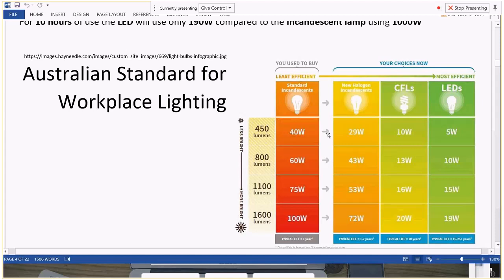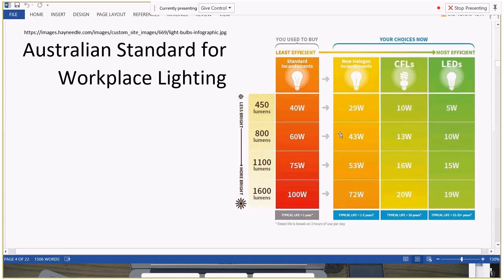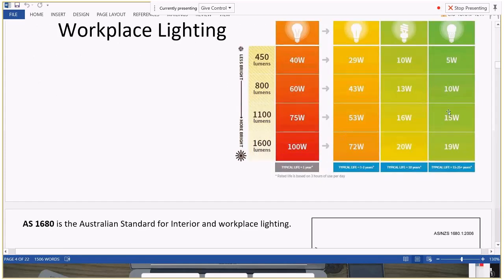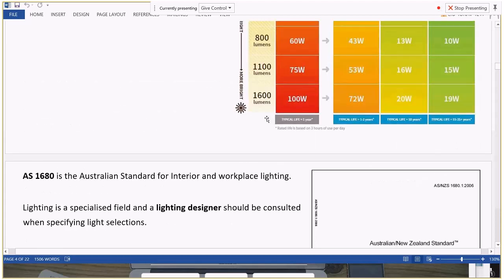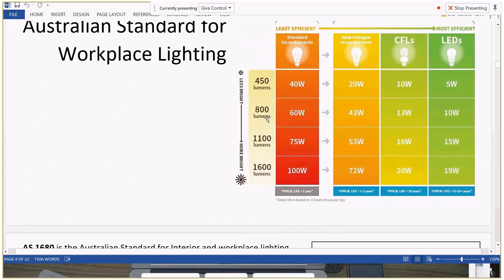Although this technology is getting better and better all the time, and probably that chart may even be a little bit outdated now. It'd probably take you less than 15 watts to produce 1100 lumens. So that's the globes, and that's what they're putting out.